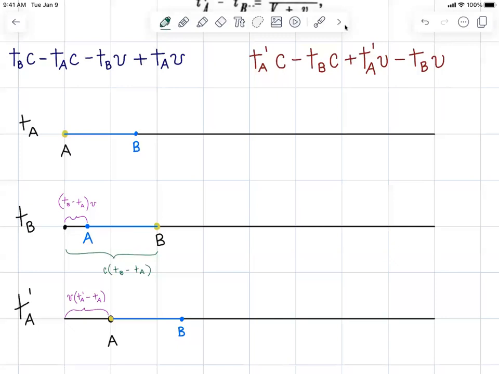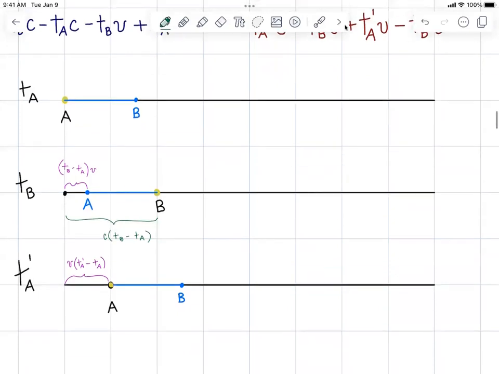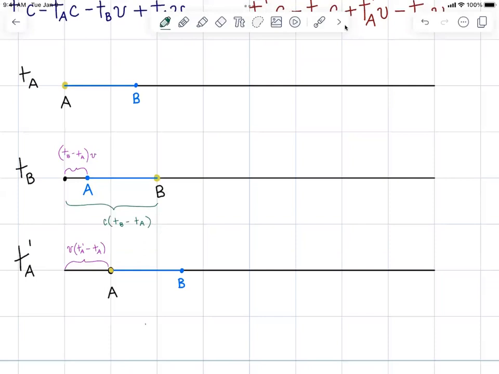This means that during the time interval of TB minus TA prime, the light travels a distance equal to that.